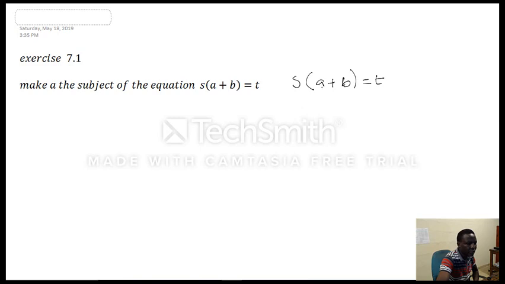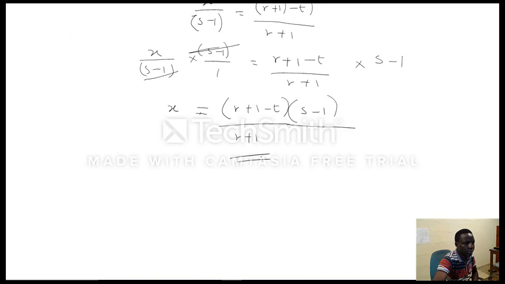Since we are to make A the subject of the formula, we'll first of all divide both sides by X, which will have X into bracket A plus B over X is equal to T over X, and X will cancel X, and I have A plus B is equal to T over X. Now next thing to do is to take B from both sides, your answer.